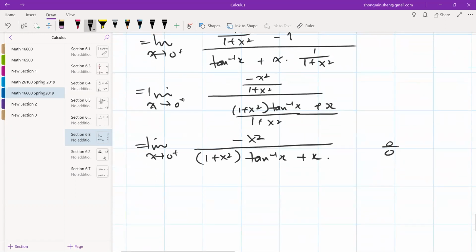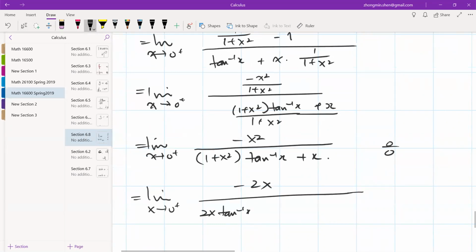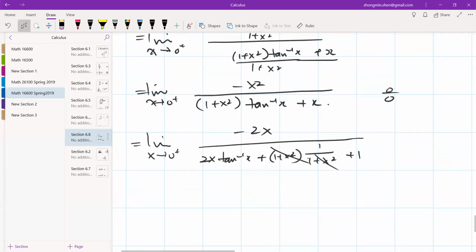Let's see. I'm going to differentiate the numerator and denominator again. Don't worry about it, it's a little bit complicated. It's 2x arctangent x plus 1 plus x squared, and the derivative of arctangent x is 1 over 1 plus x squared. It's cancelled, and this is not going to be 0 over 0 type.